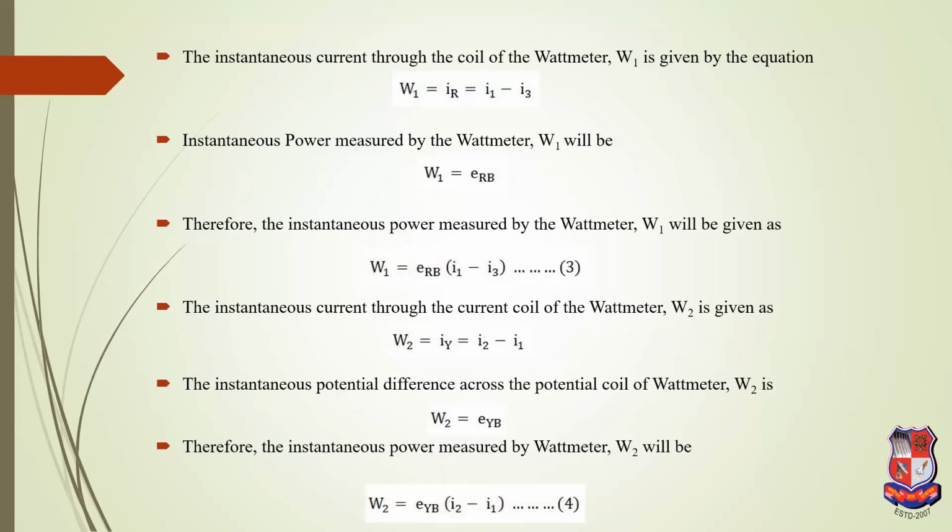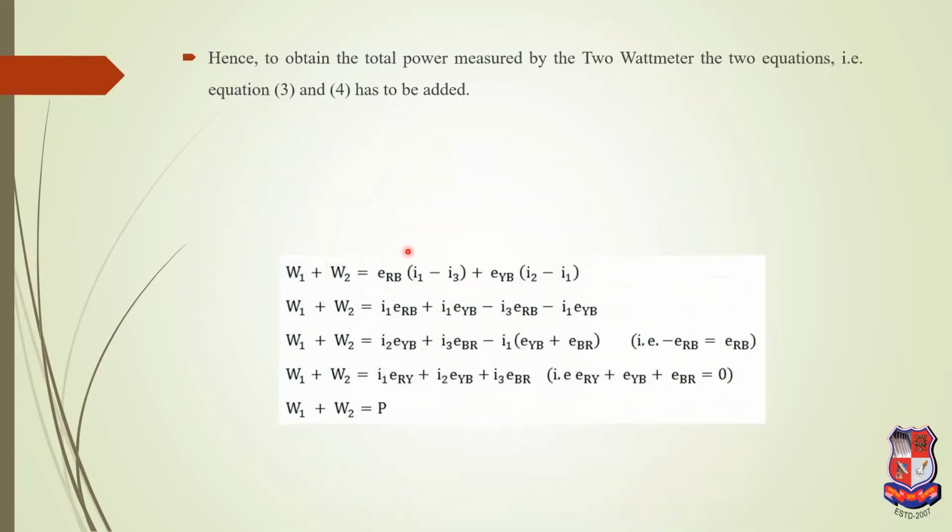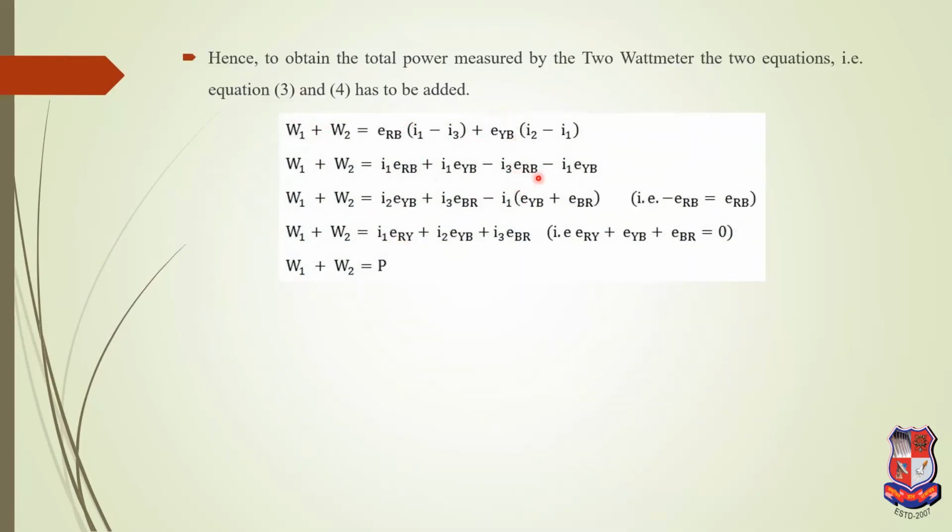Now again we add W1 and W2, this equation. Now EIRB is equal to ERB. Put this equation, after simplification, and use the balance condition. In balance condition, the phase voltage addition is equal to 0.